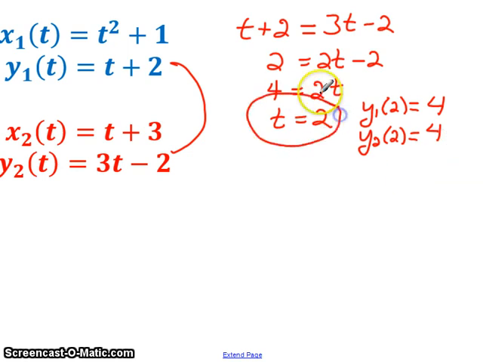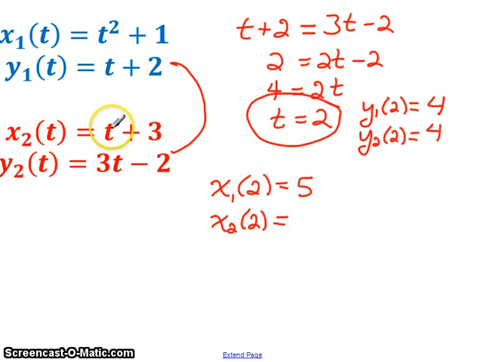So let's take our value of t at 2 and plug that into the x equations. For x1 at time 2, we have 2 squared is 4 plus 1 is 5. And for x2 at time 2, we have t equals 2 plus 3 is also 5. And so both objects are at the position of 5, 4 at t equals 2.